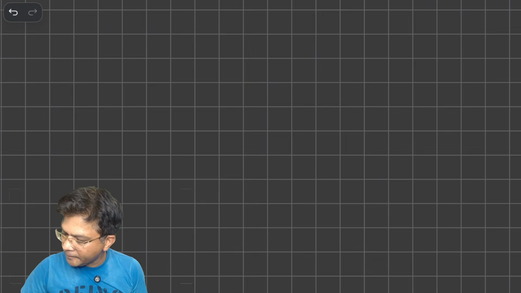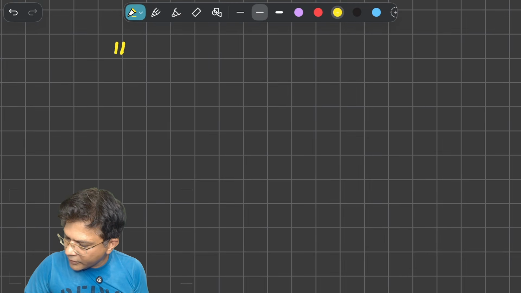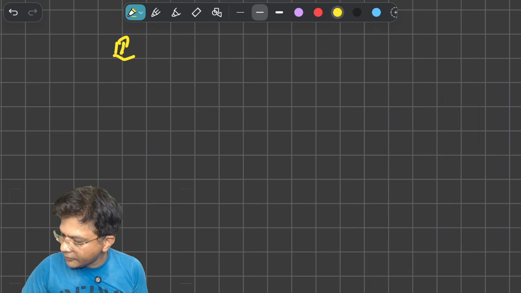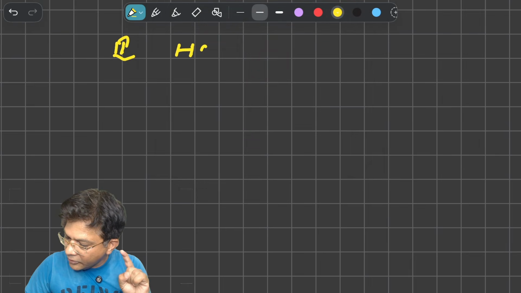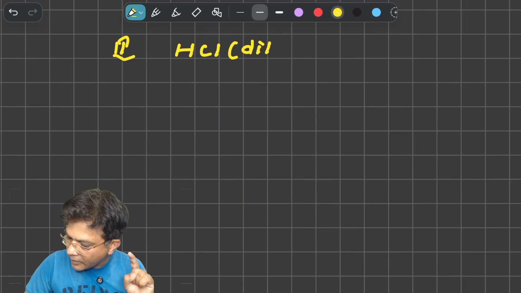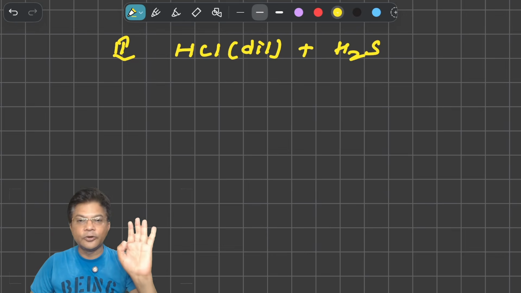For the second group, the group reagent is dilute HCl, and its concentration should not increase too much, otherwise even second group radicals will not precipitate. The solubility product of second group radicals is less.